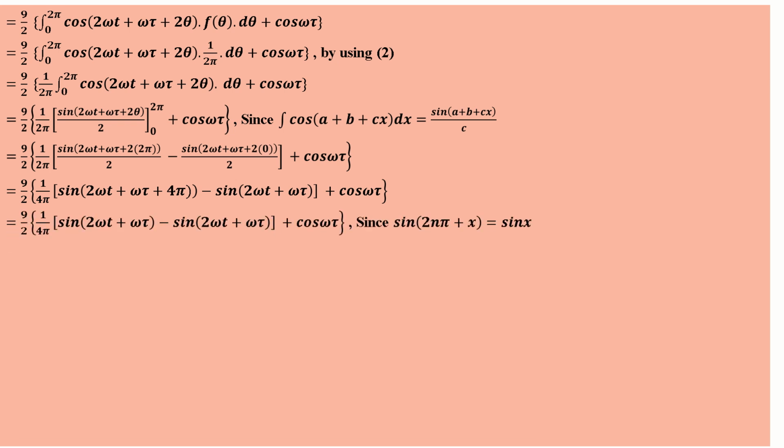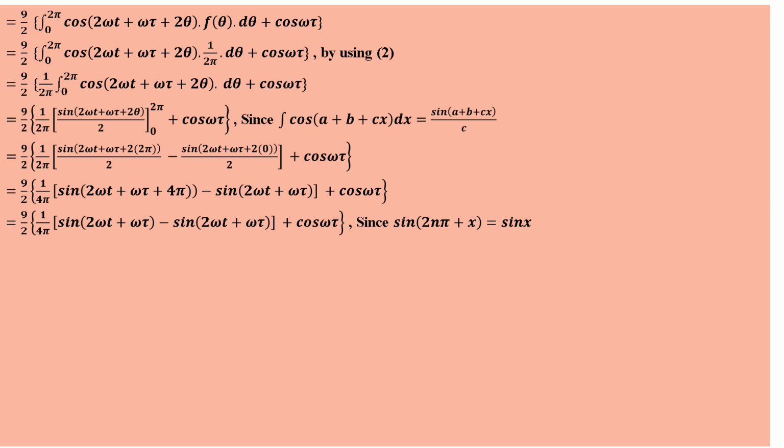So 9 by 2 into 1 by 4 pi, because in the denominator we have 2 and 2 pi already there, 2 into 2 pi is 4 pi, right? We know sin of 2 n pi plus x is equal to sin x.